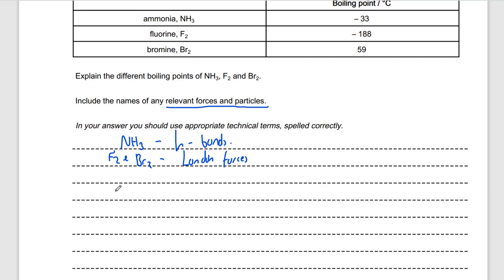So ammonia, NH3, is greater than F2 because the H bonds are stronger. That's straightforward, isn't it? And Br2 is greater than NH3 because the London forces are stronger than the H bonds.